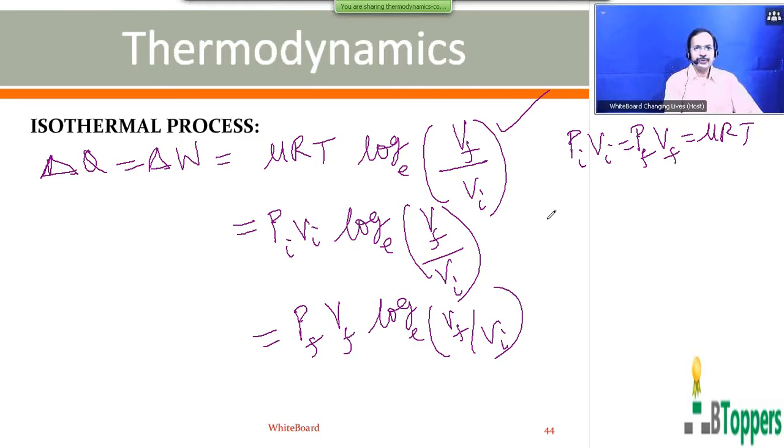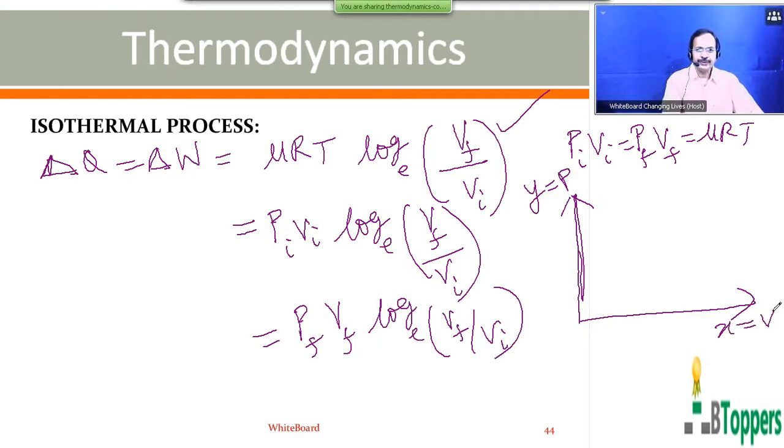Next, I would like to discuss the calculation of the slope of the tangent to the isothermal curve. If you draw a graph showing the variation of pressure of the gas with change in the volume of the gas, it is called an indicator diagram. At constant temperature, pressure of the gas is inversely proportional to volume.